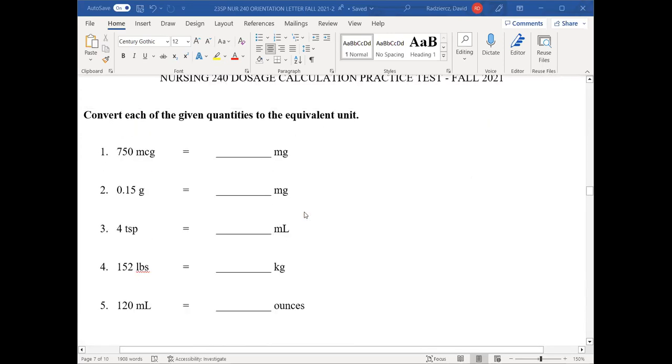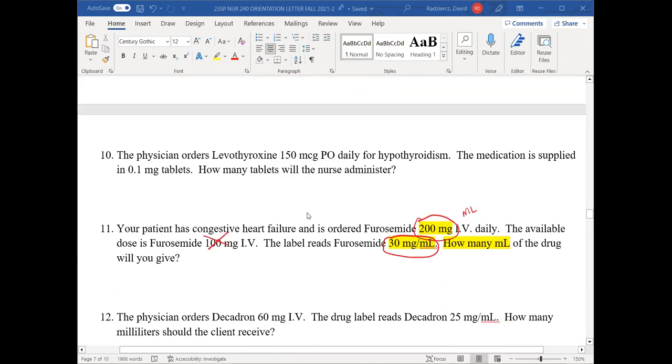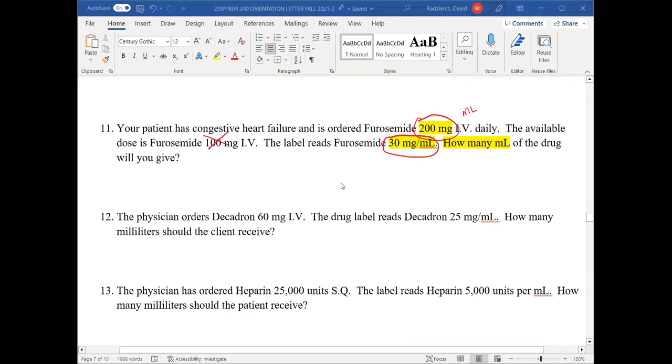Maybe that's not in your packet here. But I will tell you that this right here, number 12, is technically a reconstitution question. There's no label or anything, and it tells you what the strength is, but technically this would be an example of a reconstitution type question. And I don't think you have any titration questions. You shouldn't.